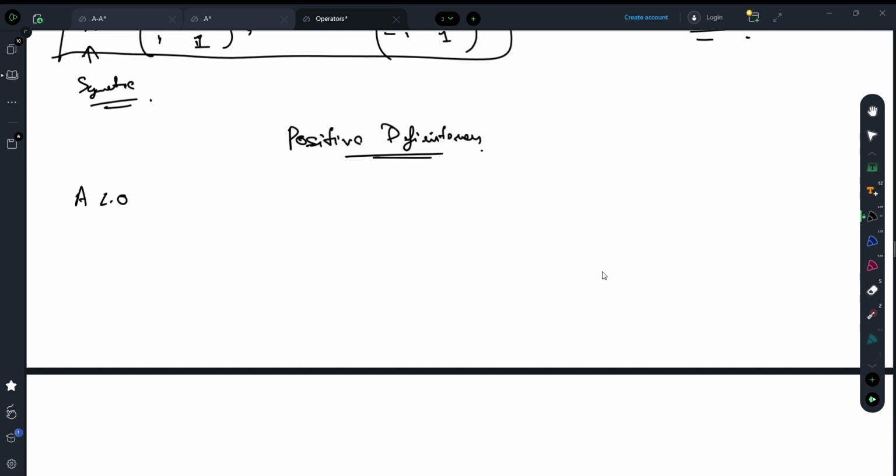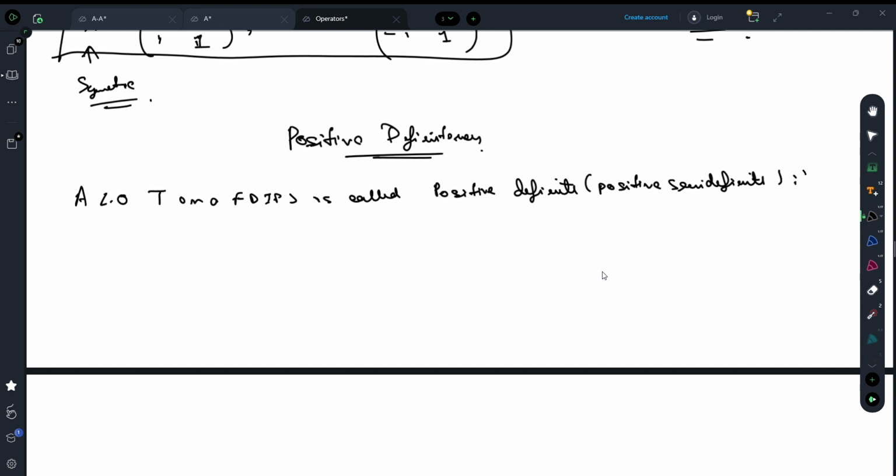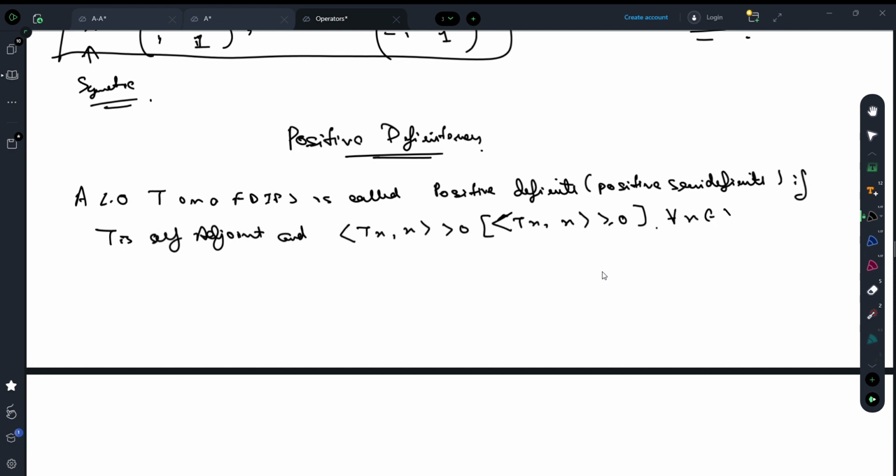So a linear operator T on a finite dimensional inner product space is called positive definite, and respectively there's also a term positive semi-definite, if T is self-adjoint and the inner product of T of x with x is always greater than 0, and if it's positive semi-definite, then this inner product needs to be non-negative. And this happens for all x in V.